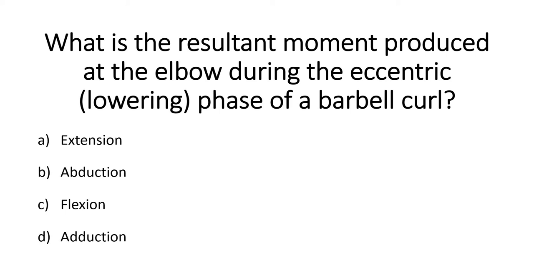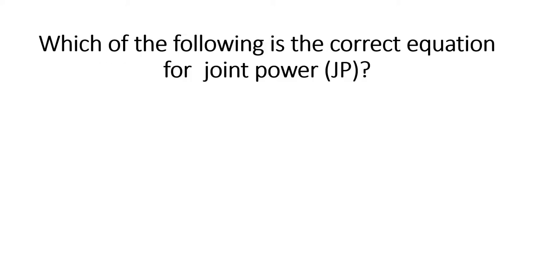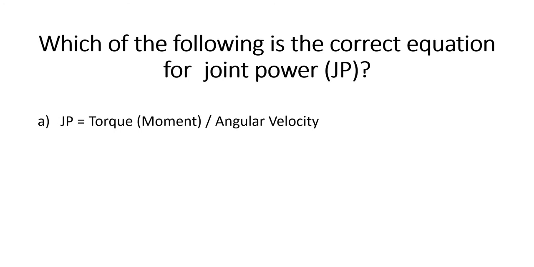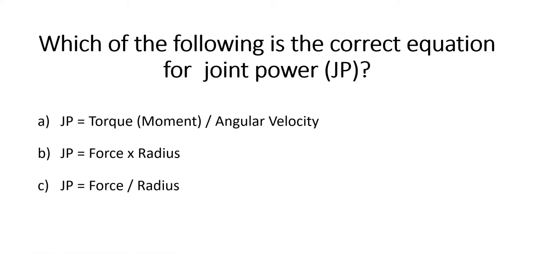Okay, moving on. Which of the following is the correct equation for joint power? Is it A, torque or moment divided by angular velocity? B, force multiplied by radius? C, force divided by radius?